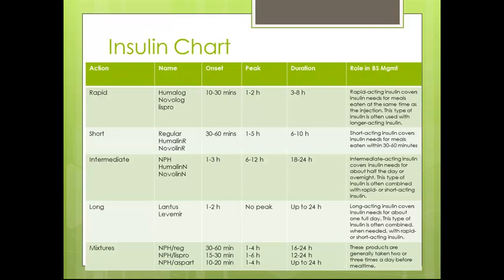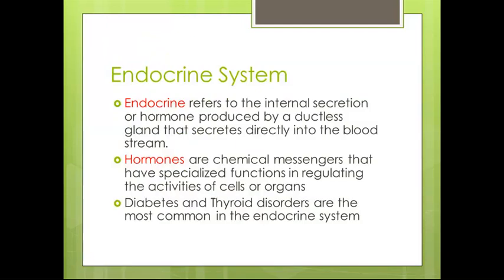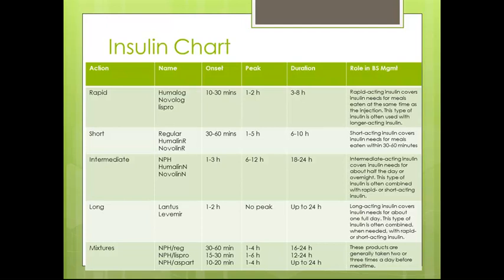Intermediate, also called NPH, Humulin N, Novolin N. Onset is 1 to 3 hours, peak is 6 to 12 hours, and duration is 18 to 24 hours. Intermediate acting insulin covers insulin needs for about half of the day or overnight. This type of insulin is often combined with rapid or short-acting insulin.